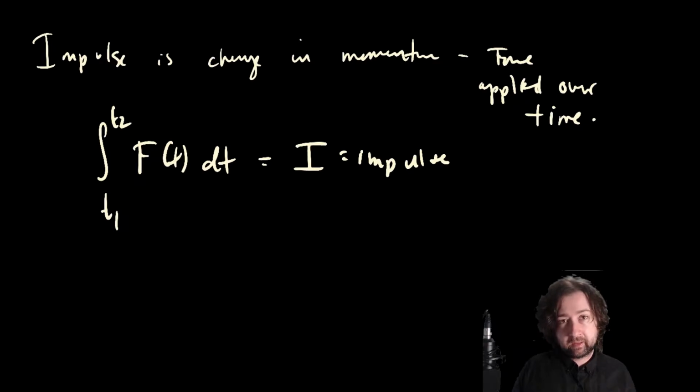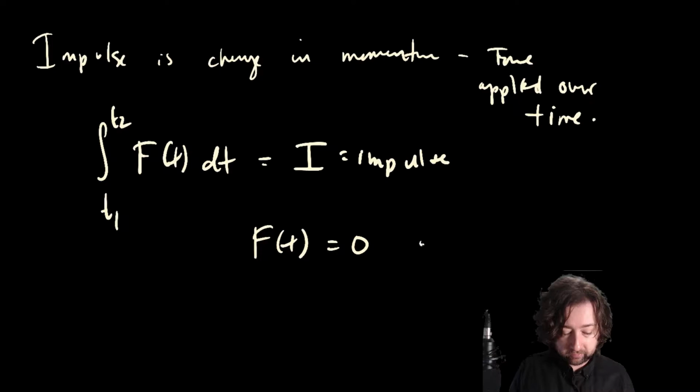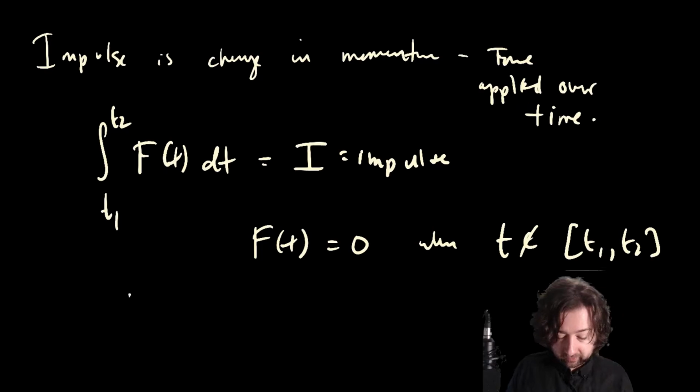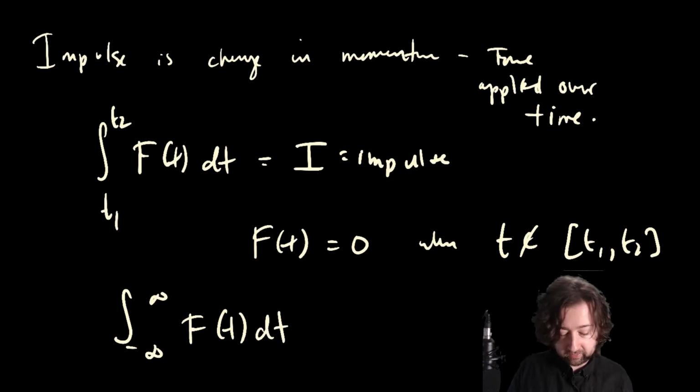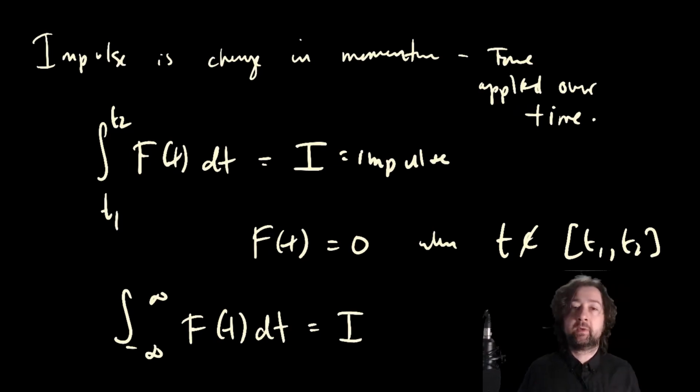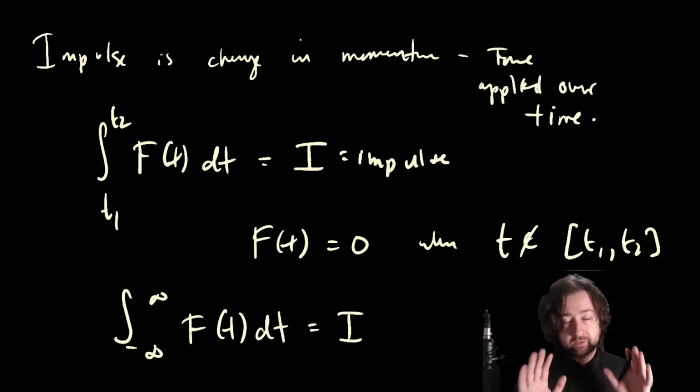The way we've got this set up, we're going to just assume that f of t is equal to 0 outside of this integral. So if f of t is equal to 0 when t is not in the interval from t1 to t2, then we can actually rewrite this integral as the integral from minus infinity to infinity of f of t dt is equal to I. So it's going to be typical in the theory that we're using that we are going to assume that our functions are only active for some finite period of time, and then outside of that they turn into nothing.